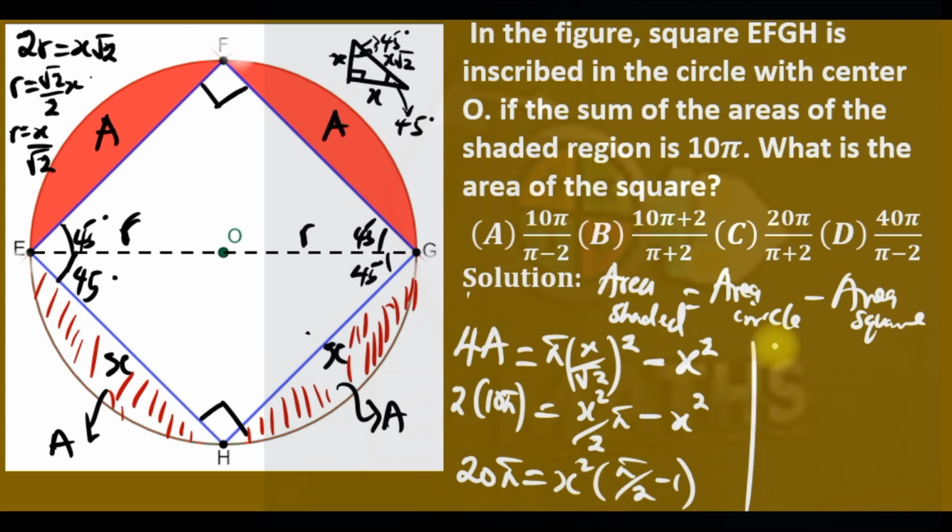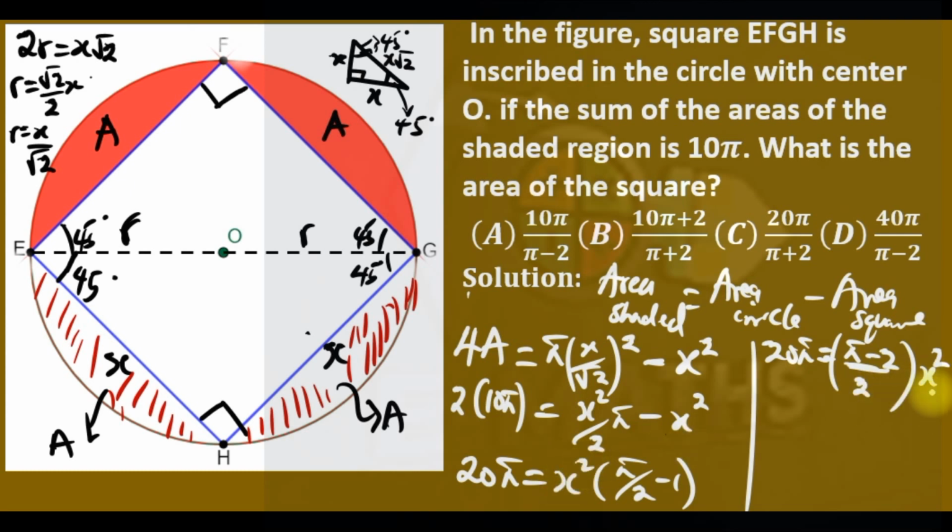And pi over 2 minus 1 is pi minus 2 over 2, times x squared. You get pi over 2 minus 1 is pi minus 2 over 2.